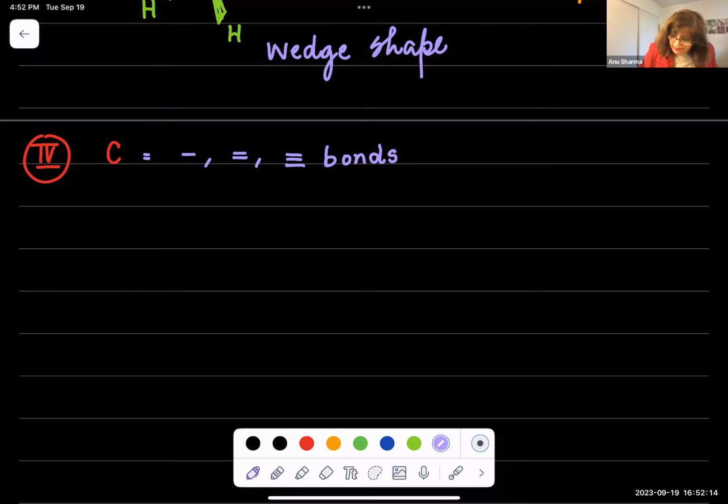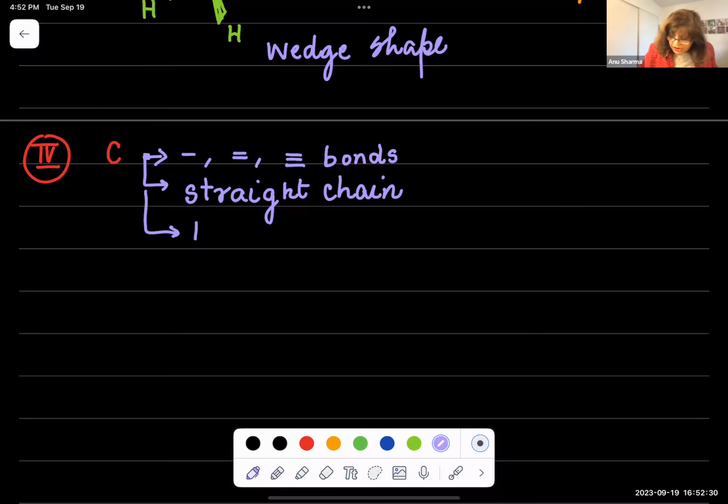Next, carbon can also make straight chains, and carbon can also form branched chains.